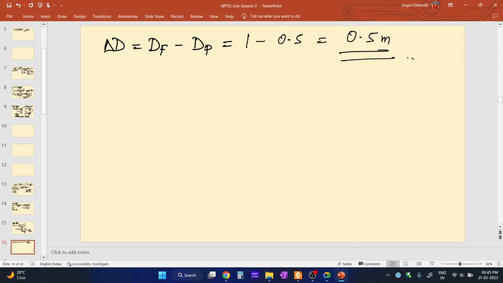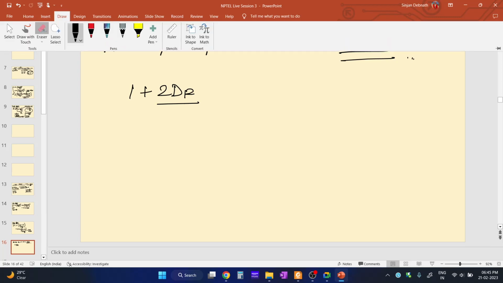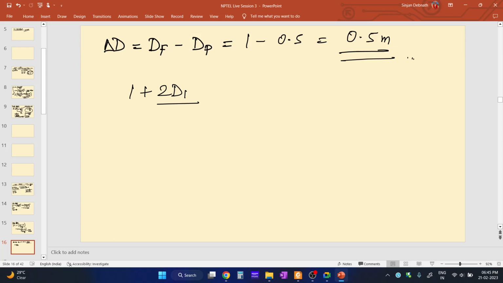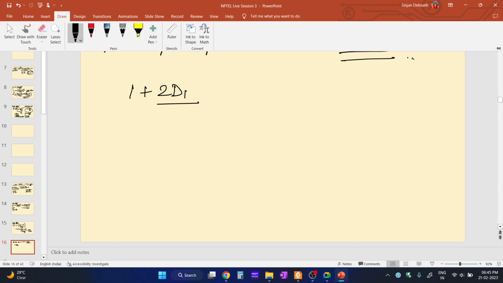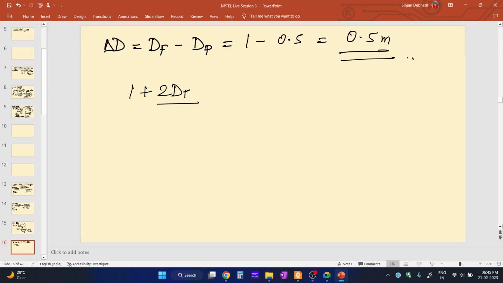The depth factor was 1 plus 2 Df by B. In this case, it will be 1 plus 2 del d by B, the difference between the depths of plate and the foundation.